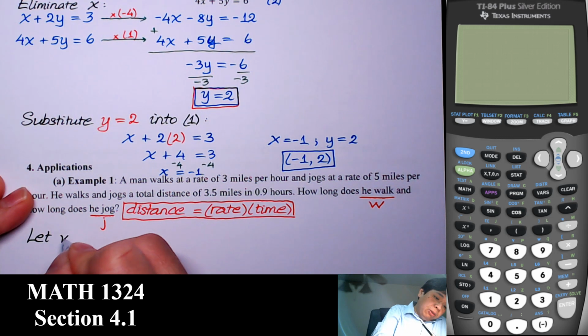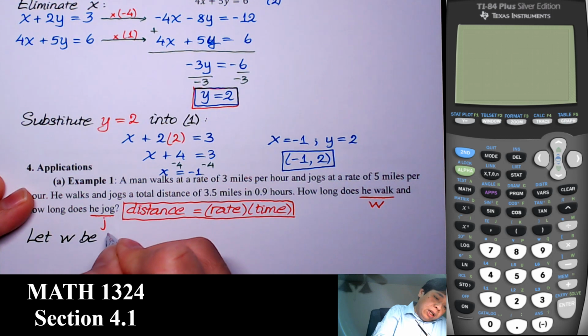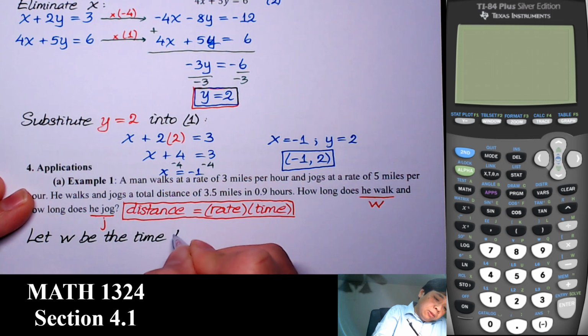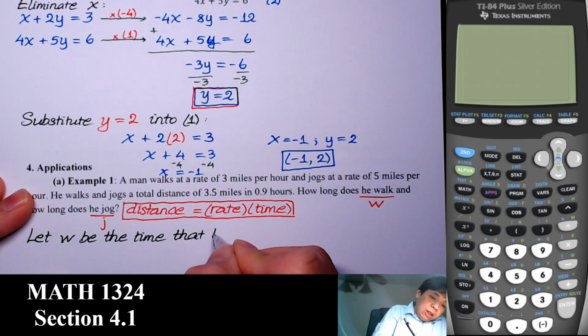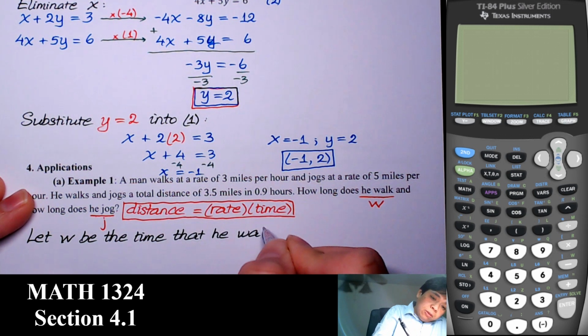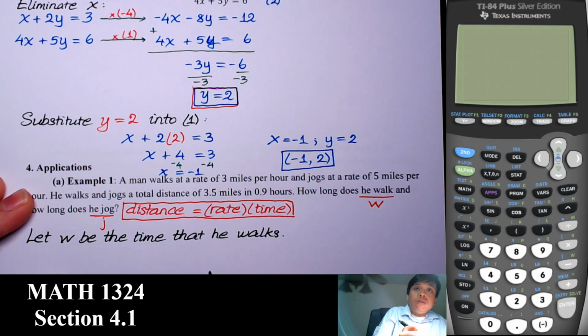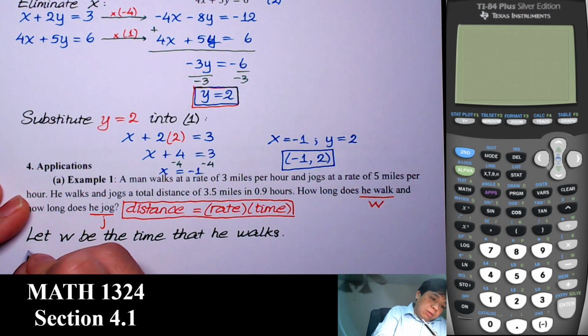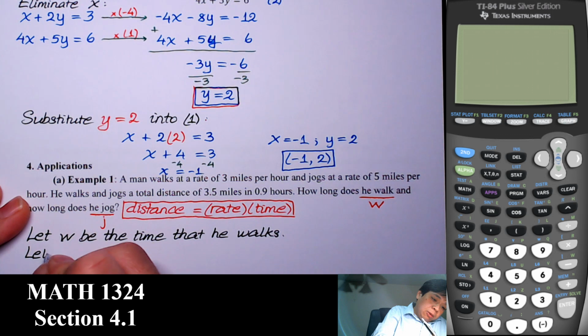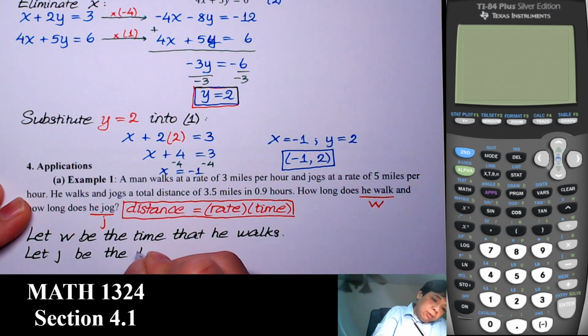Let W be the time that he walks, and let J be the time that he jogs.